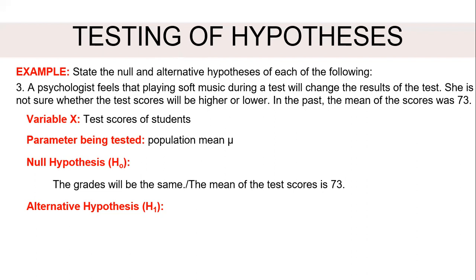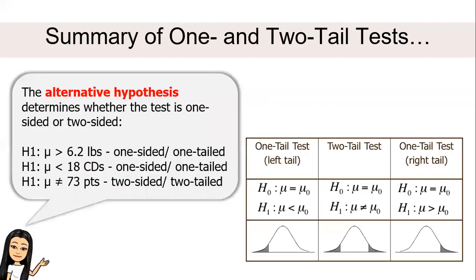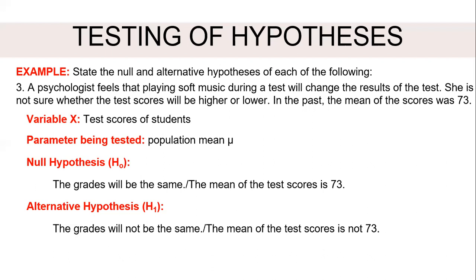So if you are not sure if it's greater than or less than, it's better to say the grades will not be the same, or you could say that the mean of the test scores is not 73. Or you could say the mean of the test scores is not equal to 73. That is also correct.